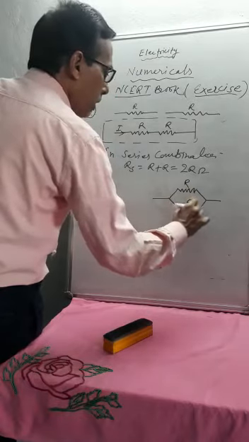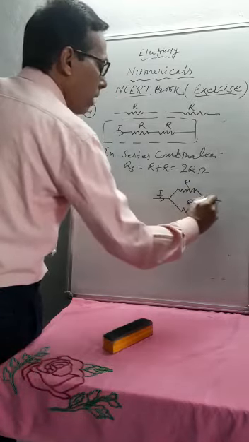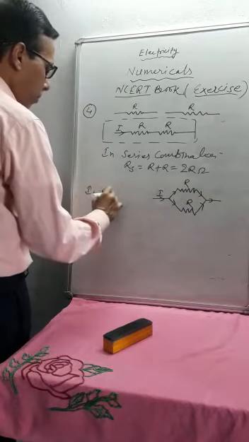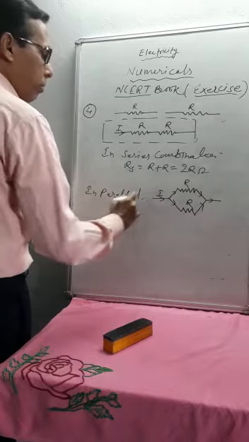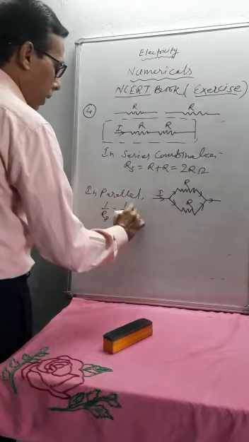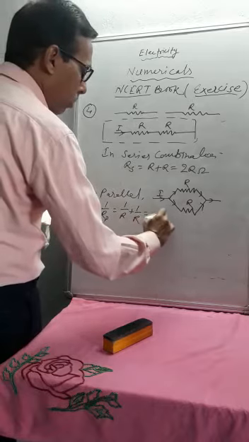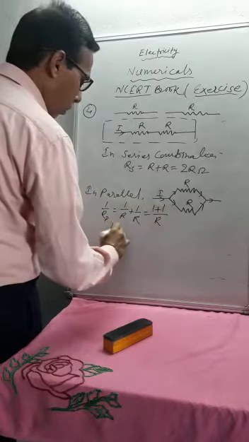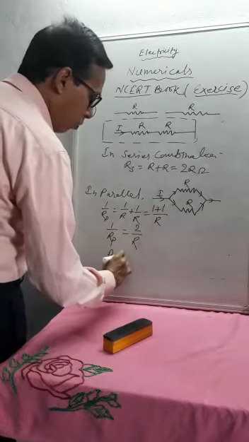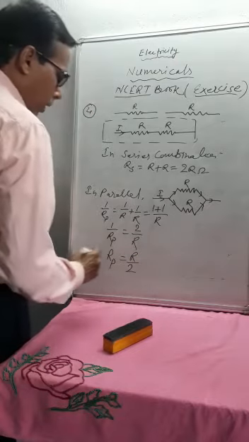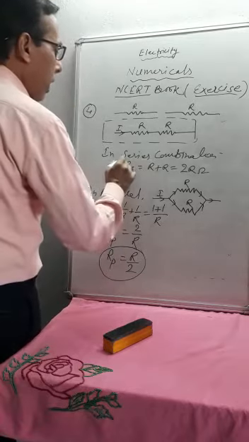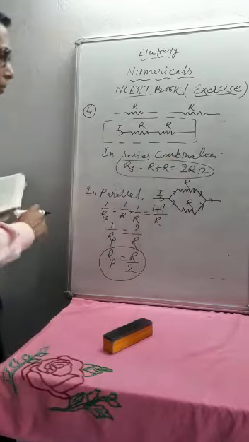So here in parallel, 1 by Rp is equal to 1 by R plus 1 by R, which is equal to 1 plus 1 by R. So 1 by Rp is equal to 2 by R. So Rp is equal to R by 2. This is the value of equivalent resistance in parallel combination, and the other is the value in series combination.